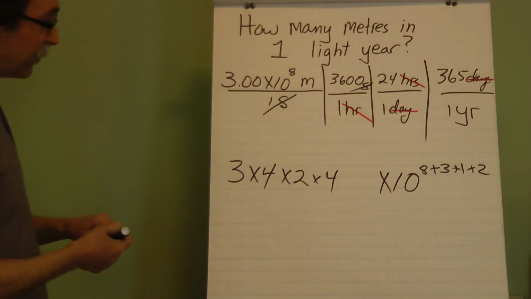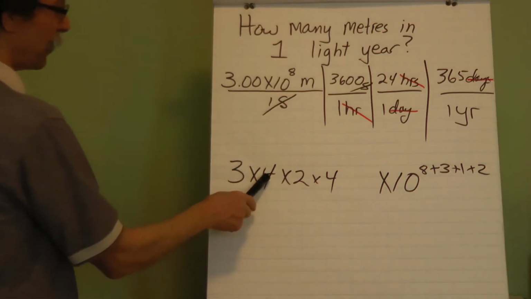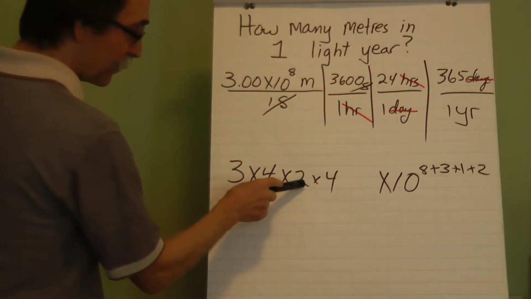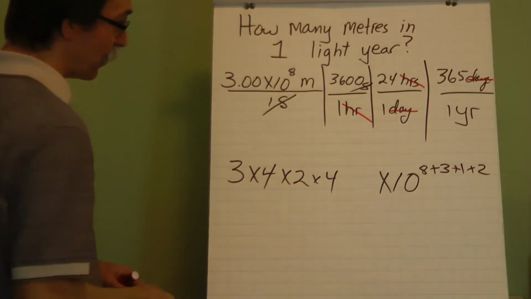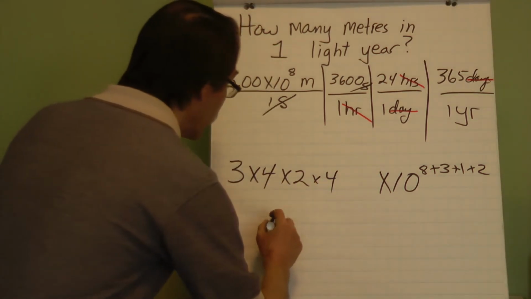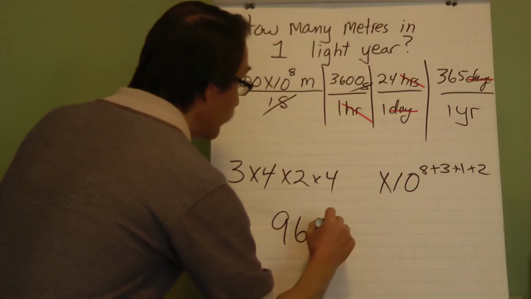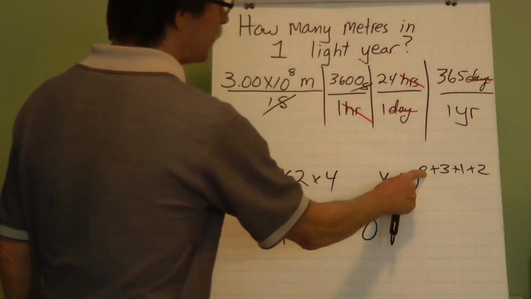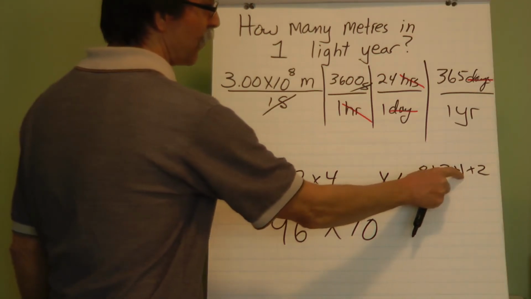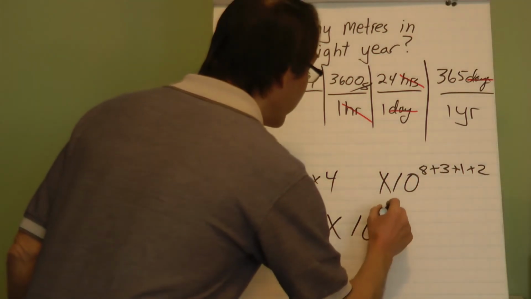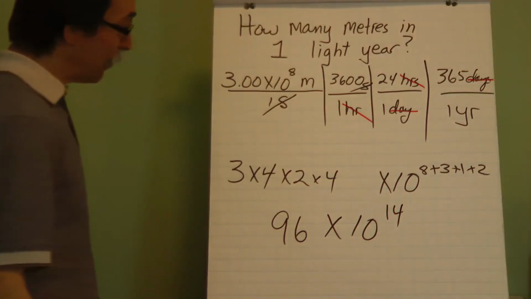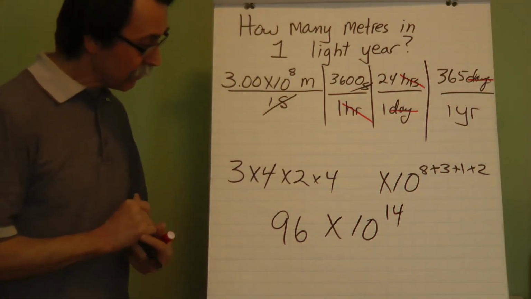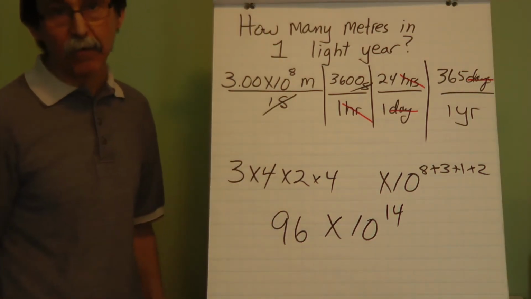So let's carry on. We've got 3 times 4 is 12, times 2 is 24, times 4 is 96. So we have 96 times 10 to the 8, 11, 12, 14. And you know that in proper scientific notation, 96 is not allowed.